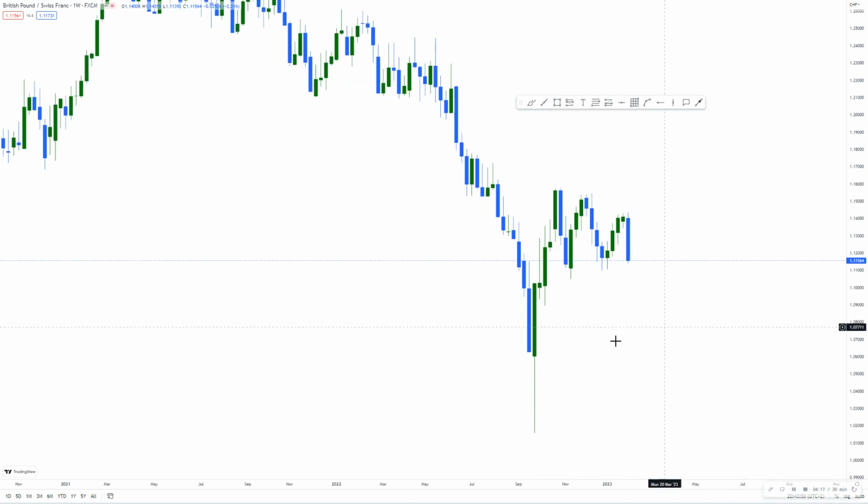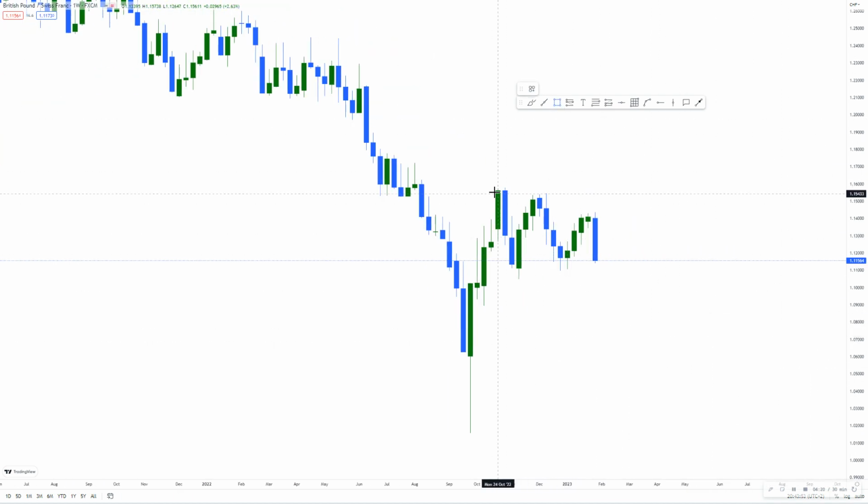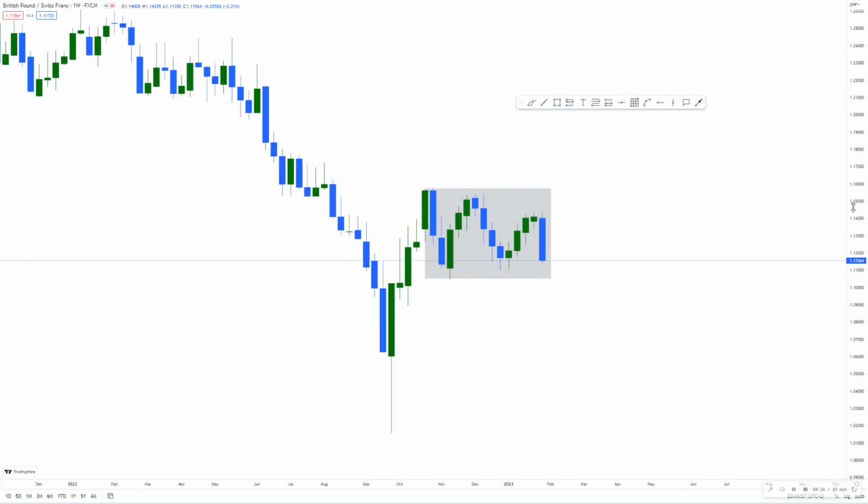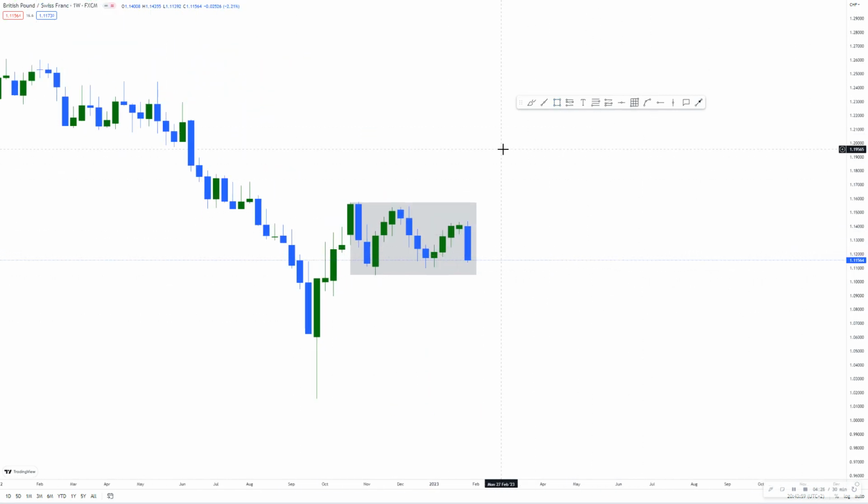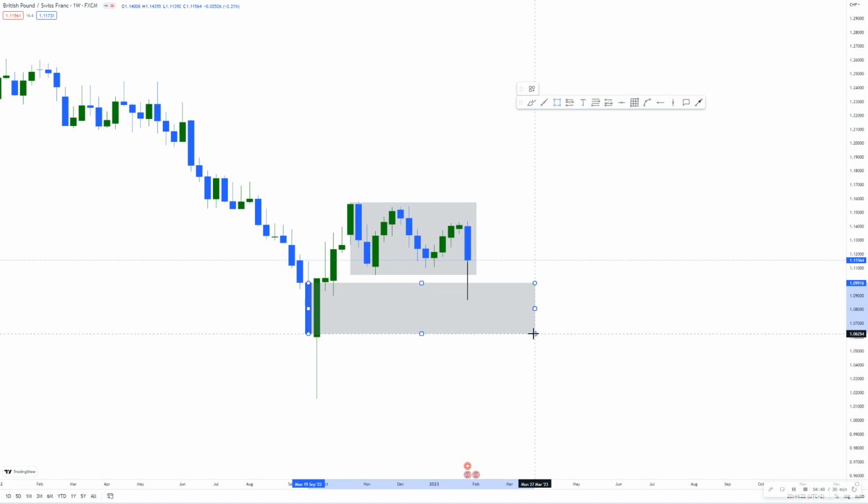the weekly gives us a clear enough picture to see the squeeze that we are in, the current range that we are in, right? So what we would expect is that price can break below, take this liquidity, and then act off of this supply demand level, this whole demand level, right?